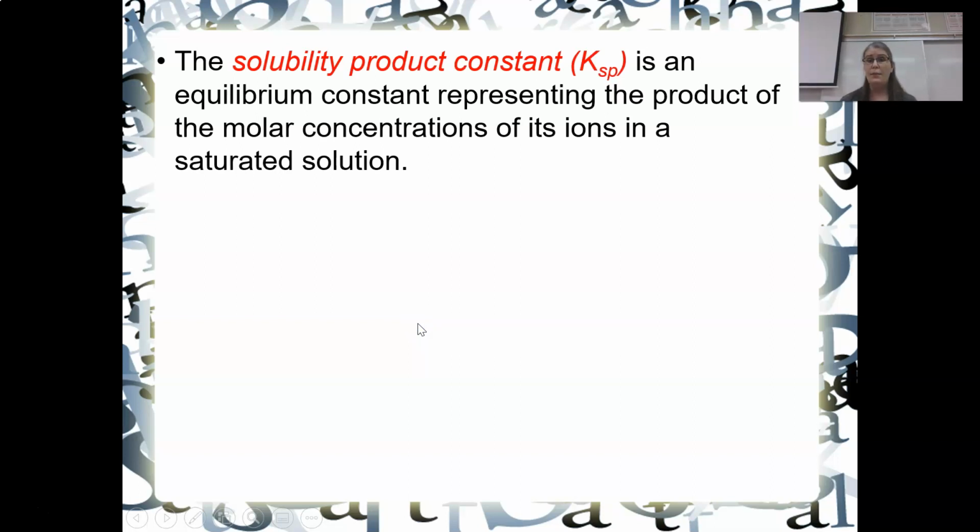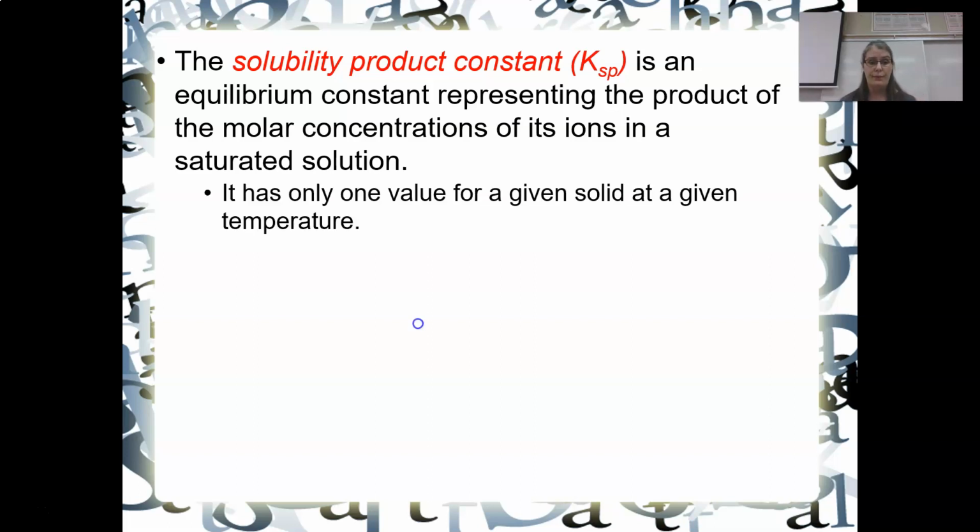So the solubility product constant, KSP, is just a K expression. It's an equilibrium constant. The only difference is that it is specifically talking about a dissolution. So we're looking at the concentration of ions in a saturated or equilibrium solution. And that means that since K does not change unless we change the temperature, there is one KSP for a given solid at a given temperature.